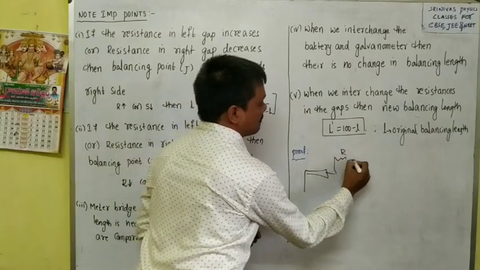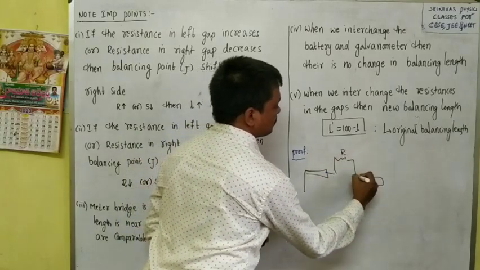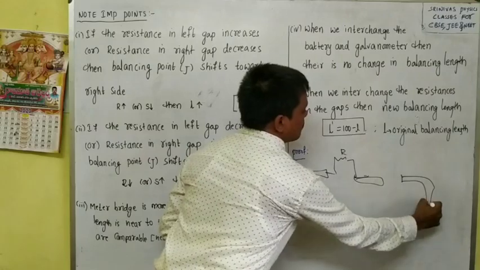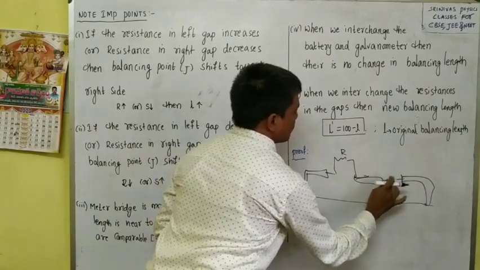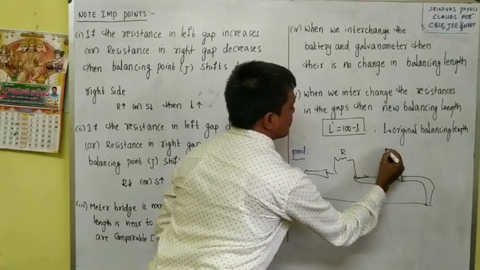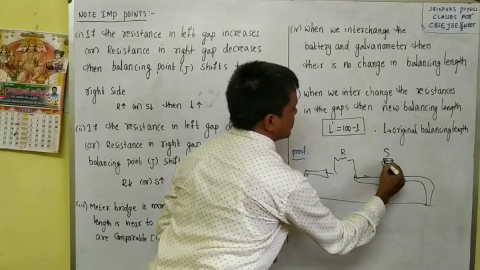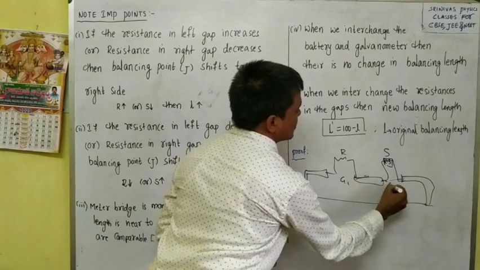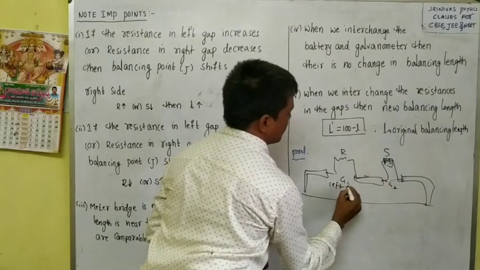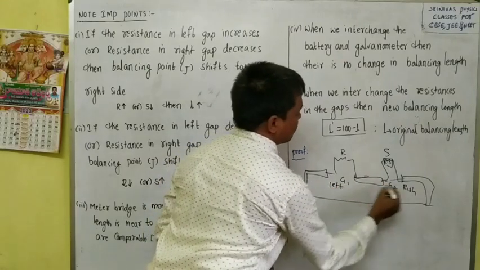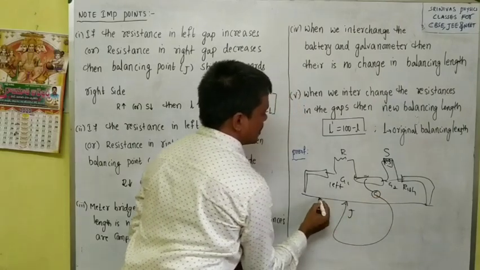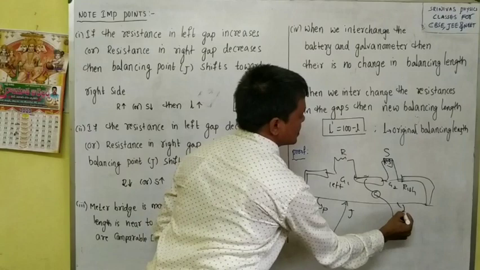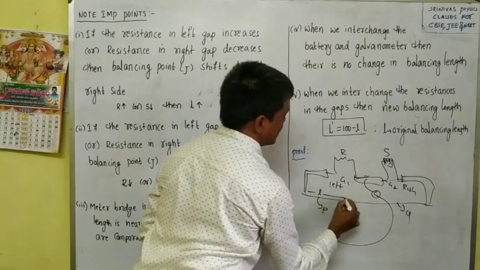This is the resistance in the left gap, that is R. This is S. This is gap 1, this is gap 2, this is the left gap, this is the right gap. Here there is one galvanometer and one jockey. This wire resistance is P and this wire resistance is Q. This is the balancing length, right?